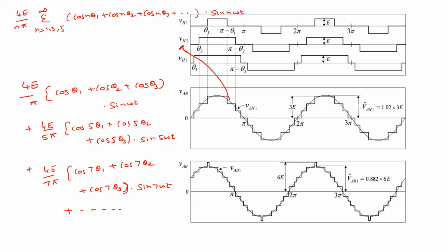This entire thing is its coefficient. If you substitute n equal to 1, this is the fundamental. If you substitute n equal to 5, you have the fifth order harmonic. If you substitute n equal to 7, you get the seventh order harmonic. And we have other components, right?